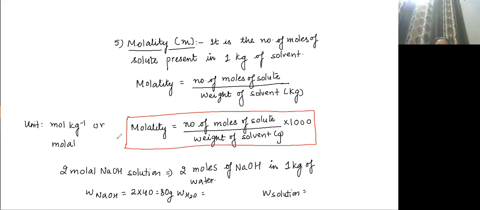So the weight of NaOH is 80 grams. What is the weight of water? Correct. Weight of water is 1000 grams. And what is the weight of solution? Add solute plus solvent. Clear? So 2 molal means 2 moles are there in 1 kg. The only thing that you have to keep in mind is you have to put the weight of solvent. If this is done, let me know.